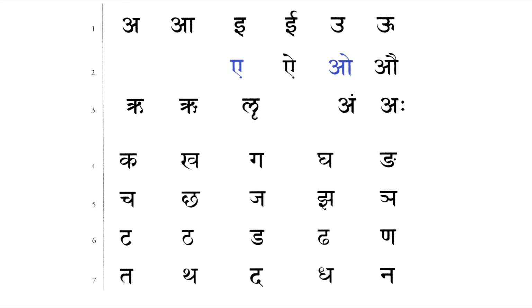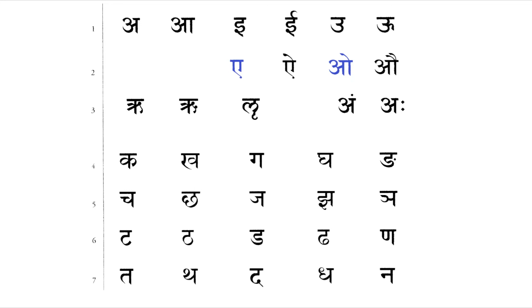O is the guna of u or oo, just as A was the guna of I or E. Notice how both gunas are represented in the color blue. The guna of u or oo is O. How do we form the guna of u or oo?